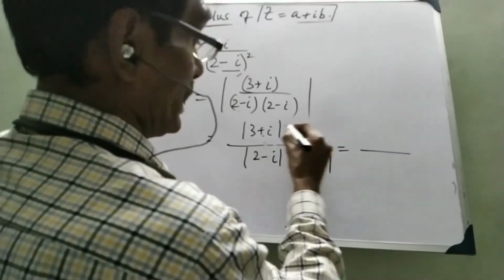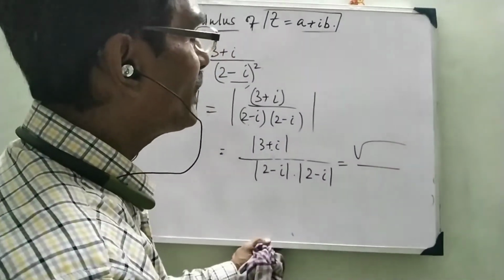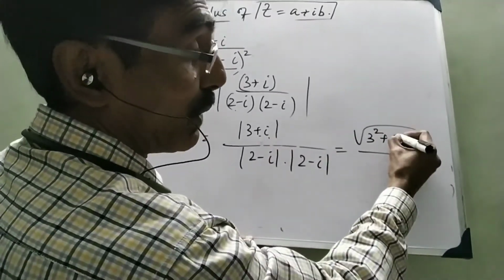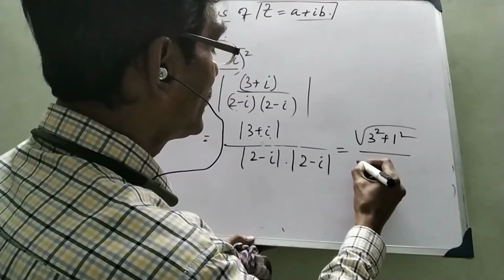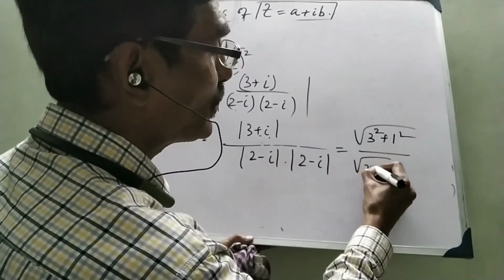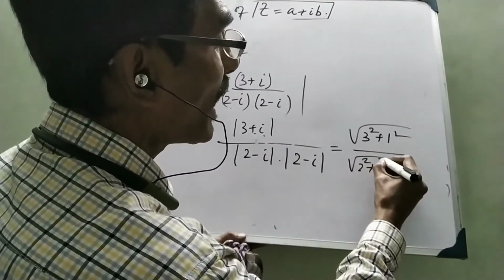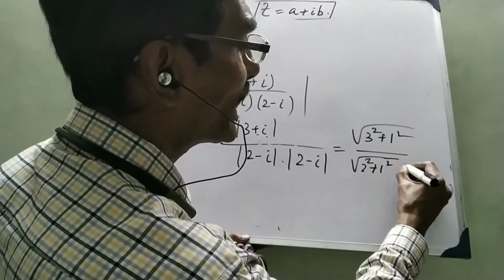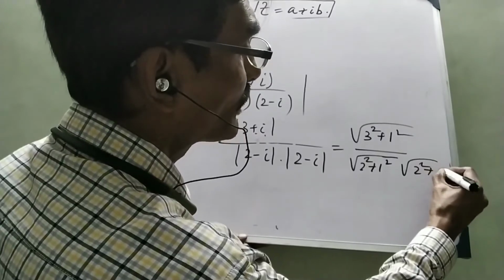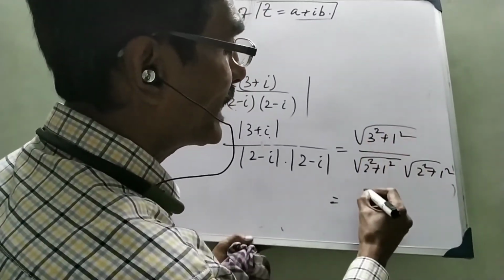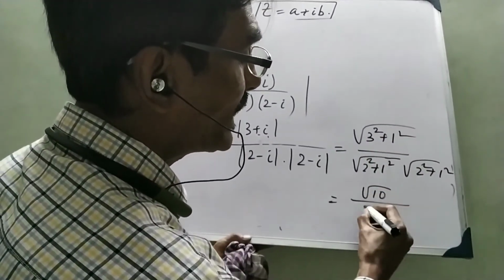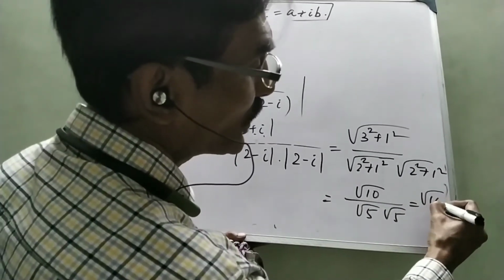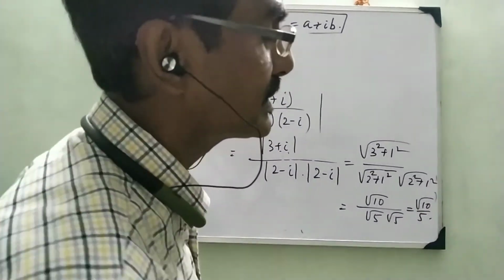That is, this formula root over a square plus b square. a square means 3 square and b is 1 square. This one is also same, 2 square plus minus i is minus 1 square, means directly I am writing 1 square. This one is also same. So finally what we are getting, root over 10 divided by root over 5 and root over 5. Finally root 10 by 5 is the answer.